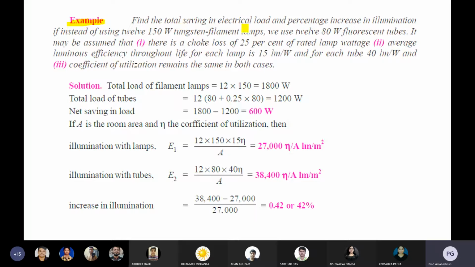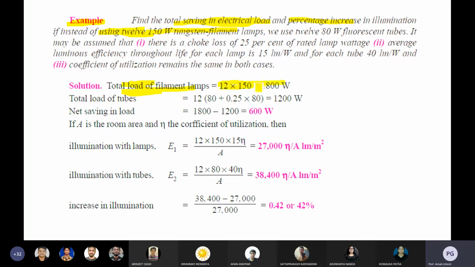Find the total saving of electrical load and the percentage increase in illumination if, instead of using 12 tungsten filament lamps of 150 watts each, the total load is 12 into 150, which is near about 1800 watt.